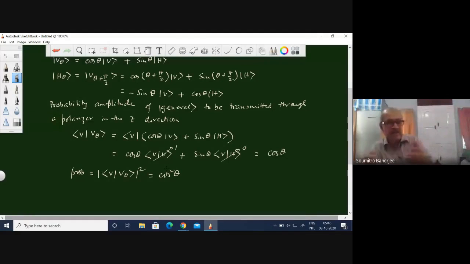So it will absorb that photon and acquire the spin. This is something that is experimentally tested.